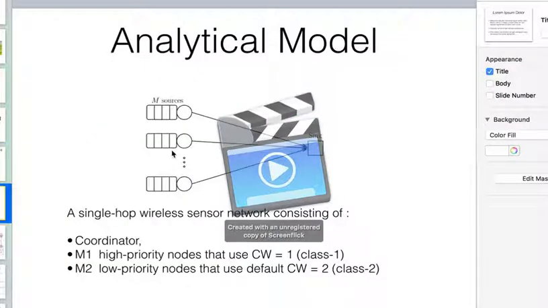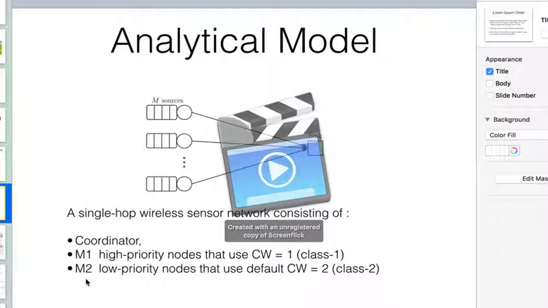Model that is a single hop wireless sensor network consisting of these parts: a coordinator and two kinds of nodes, M1 nodes and M2 nodes. M1 nodes have higher priority, and they use CW equal to 1, and we call them class 1.